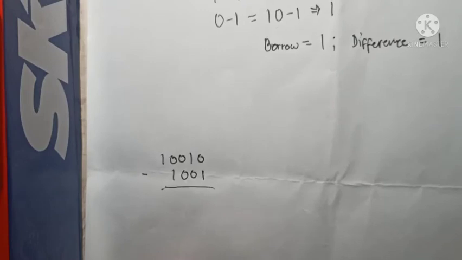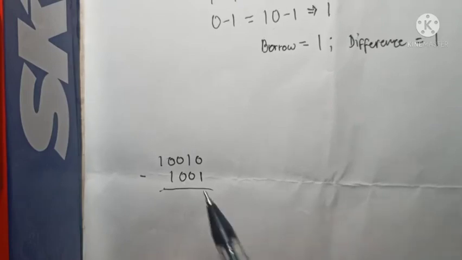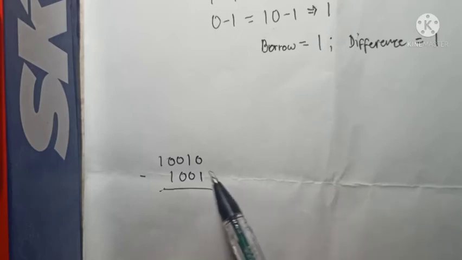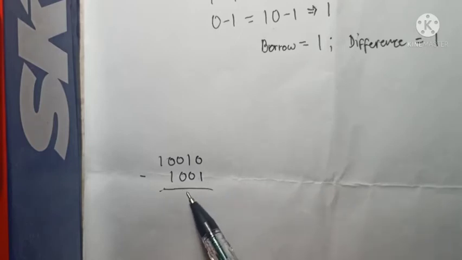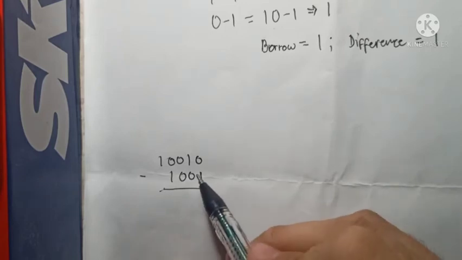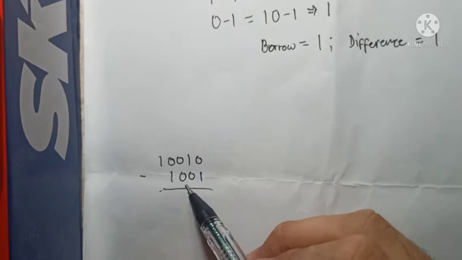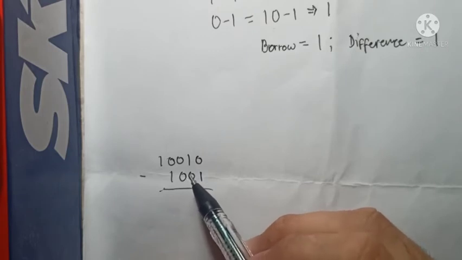So here we have problem 1. 10010 minus 1001. 0 minus 1 cannot be done, so we need to borrow from the previous bit.